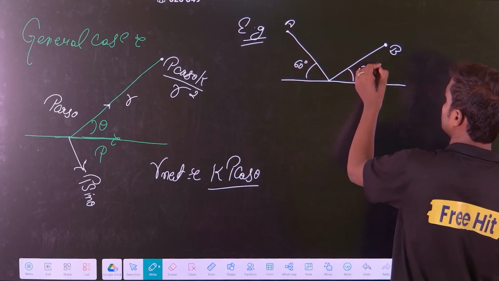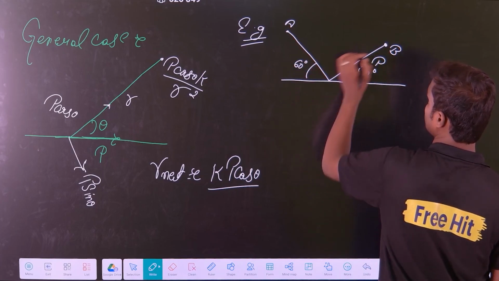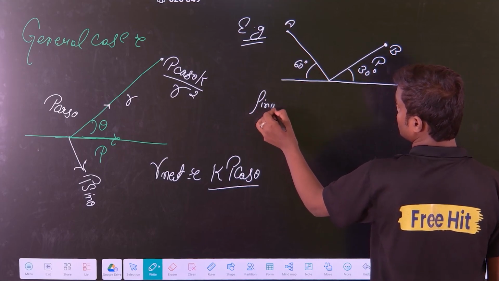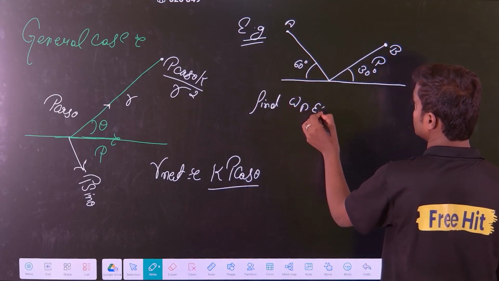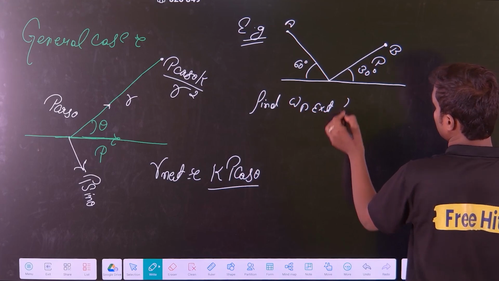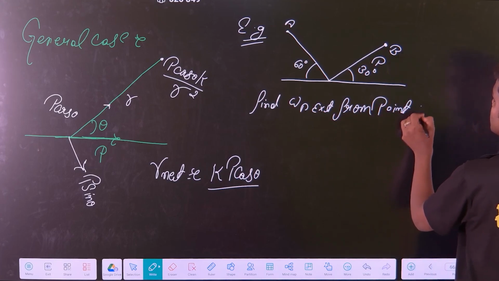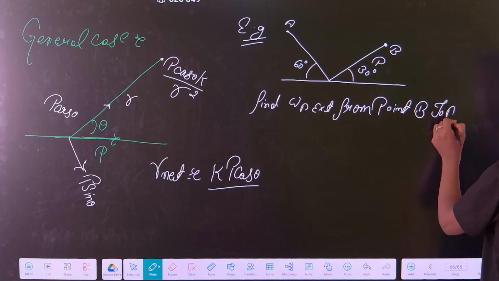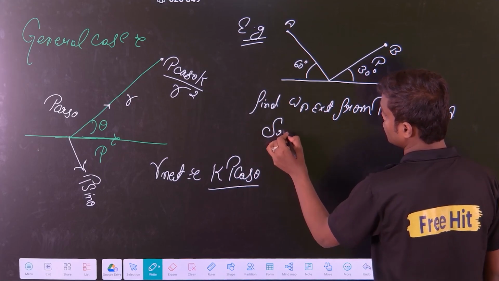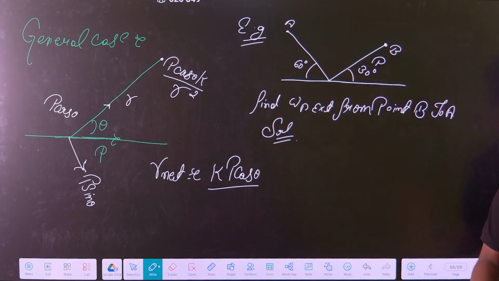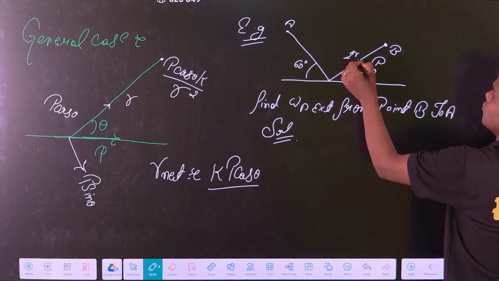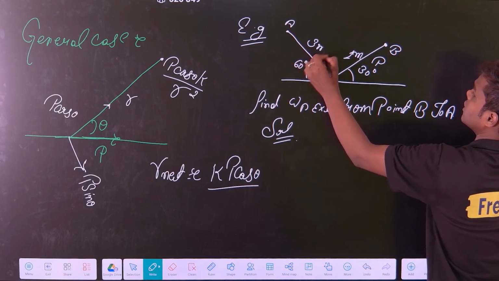Find the work done by the external agent from point B to A. How to solve this? How to find the work done by the external agent in moving a charge from B to A? Okay, this length is 1 meter, this length is 3 meter, correct?